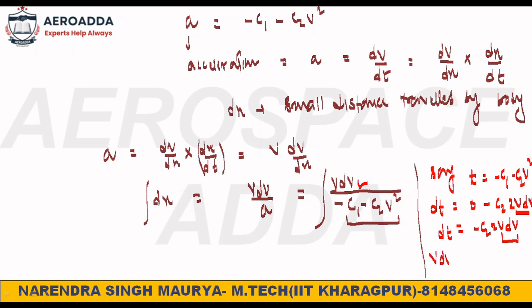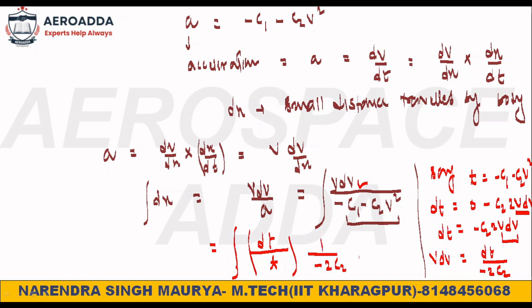So what will be the v dv? v dv is nothing but dt divided by minus 2c2, right? Simple. So it becomes the integration. Just focus: v dv is dt divided by minus 2c2, and t is in the denominator. Check now, this is what dx.